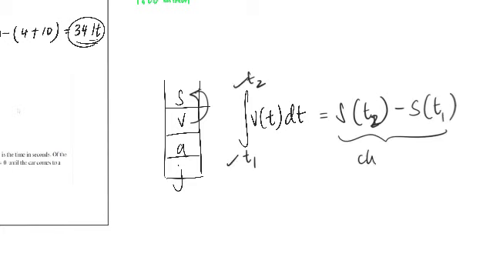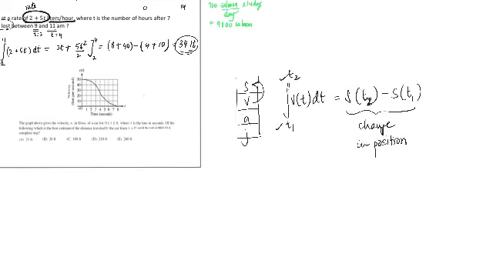This is a change in position, okay, or a displacement. So the integral of the velocity gives you the change in position. Another way to say that is the area under the velocity graph gives you the net change in position, okay?